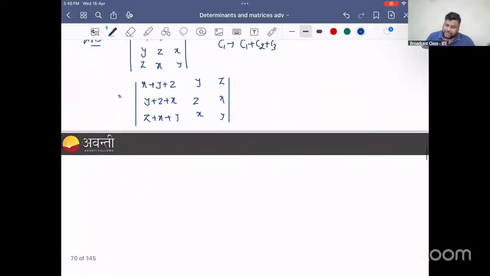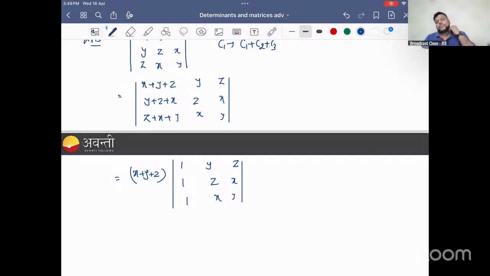Now, is there anything you can take common from the first column? That is exactly X plus Y plus Z. Let's take it common. So it is 1 Y Z, 1 Z X, 1 X Y, correct? So first I applied C1 as C1 plus C2 plus C3. Then I took that X plus Y plus Z common. Now the three ones are there.